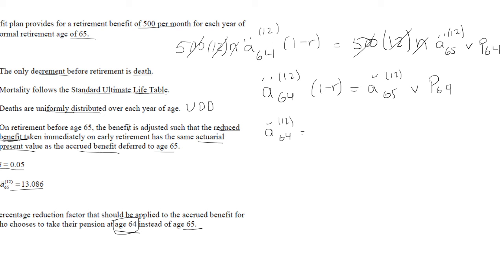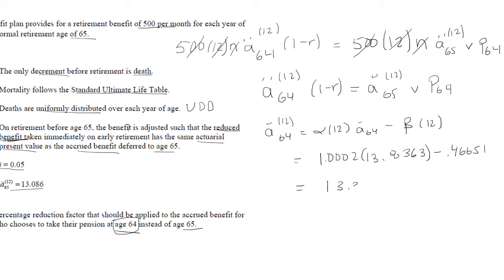So that's going to be alpha(12) times ä64 minus beta(12). We're going to use the standard ultimate life table, so we can just plug in the values, and we get that the annuity is 13.373.